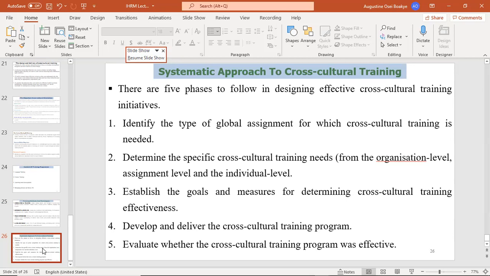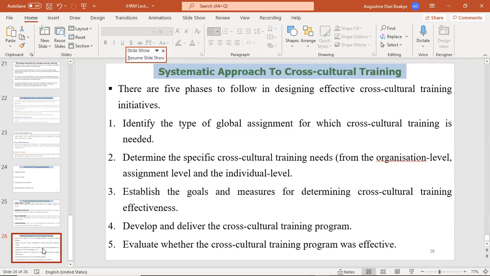So if the person is going to assist in the administration of a new policy that has been introduced at the headquarters, then that assignment will also influence the kind of training that you administer. Okay. And so on and so forth.